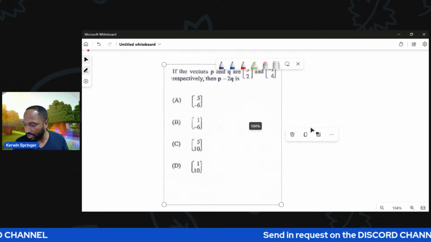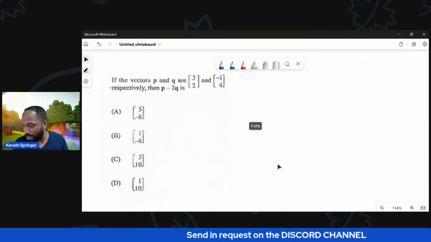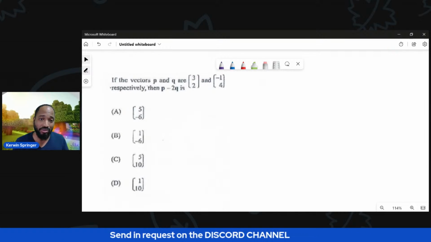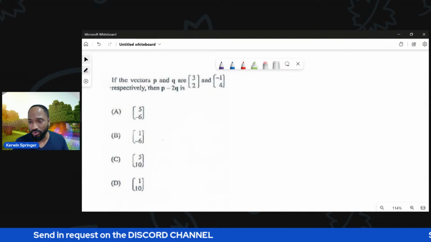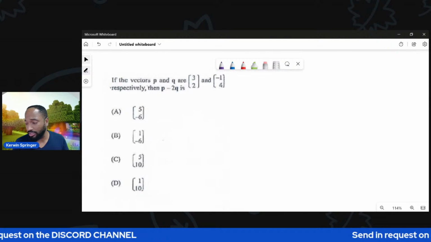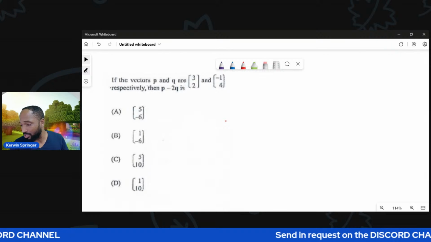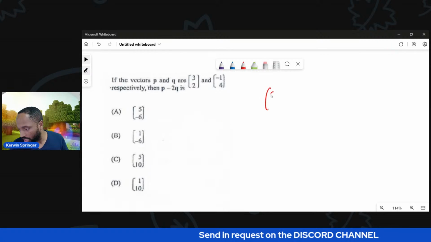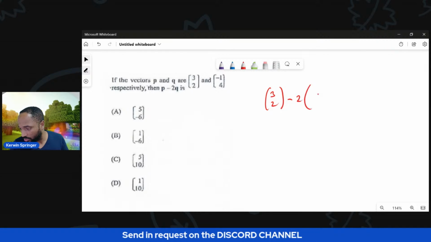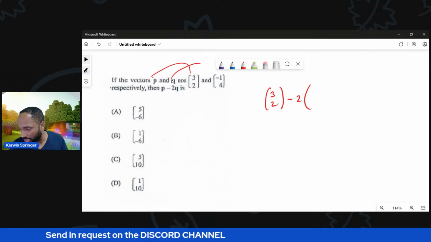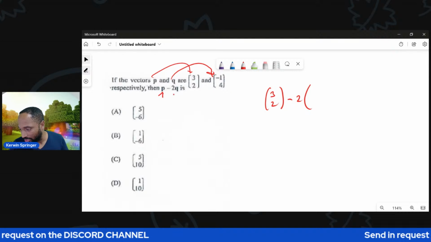If the vectors P and Q are given, oh my God. In the crash course we did Saturday, how many times did we do a question like this, people? I'd say like 6 times. So 3, 2 minus 2 by Q. The thing to watch out for is to make sure they line them up properly, because sometimes they put the Q here and the P there, and that can just make you lose a mark.